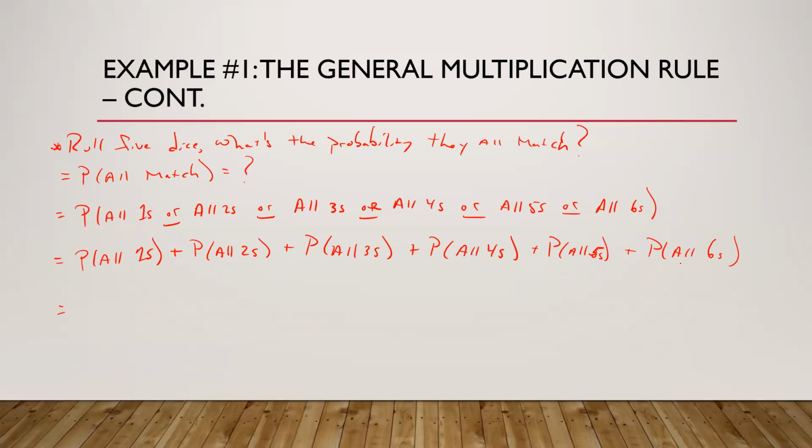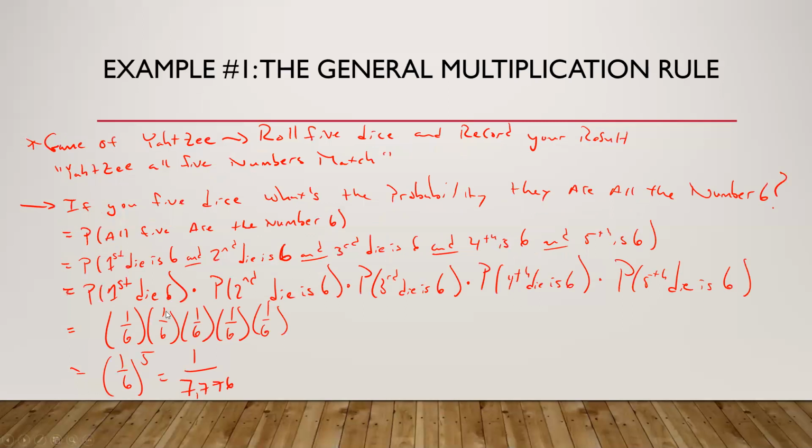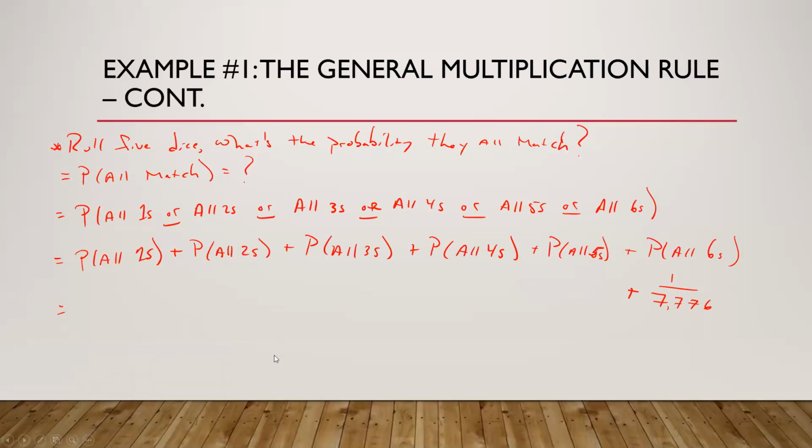Well, did we figure out the probability that they're all sixes already? Yes. So they'd all be the same as that. Like, the probability they're all ones would be the exact same as this. It makes no difference if it's a 1 or a 6 here. So yeah, you're absolutely right.